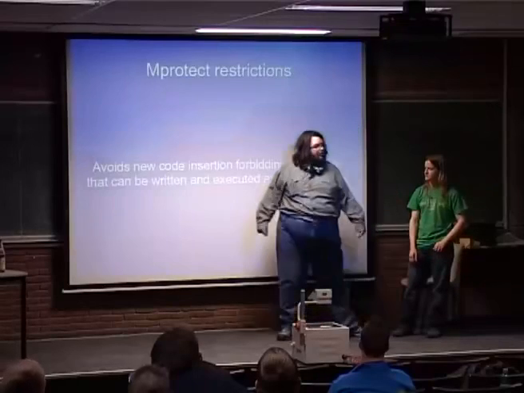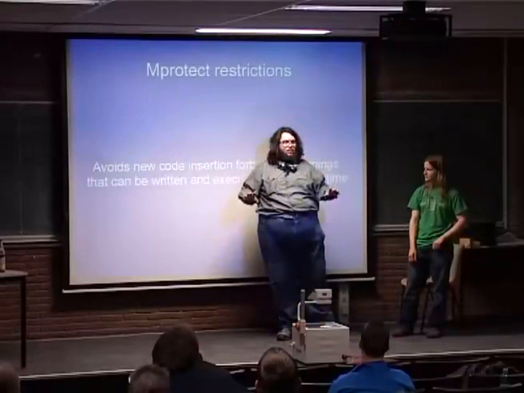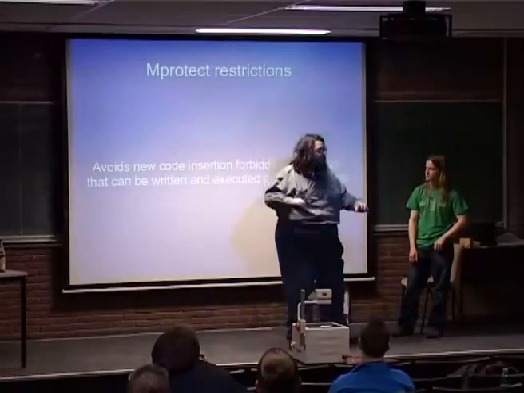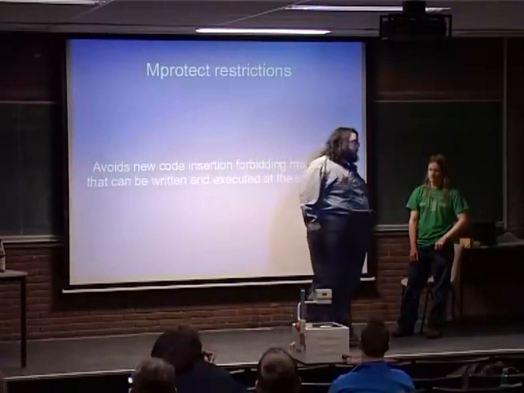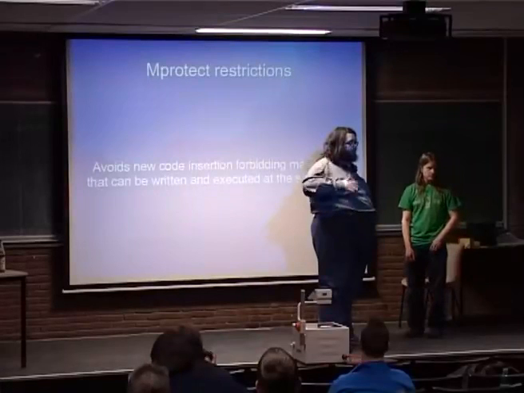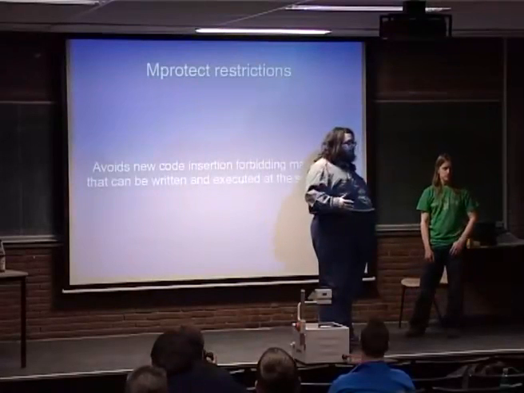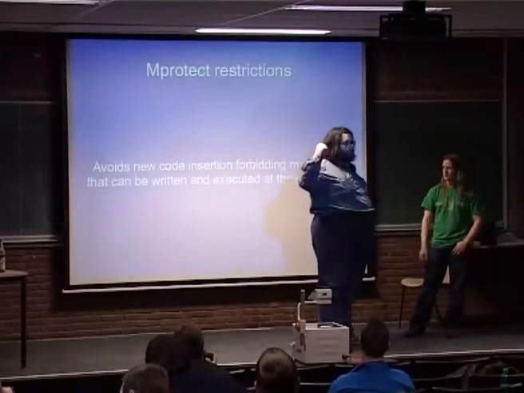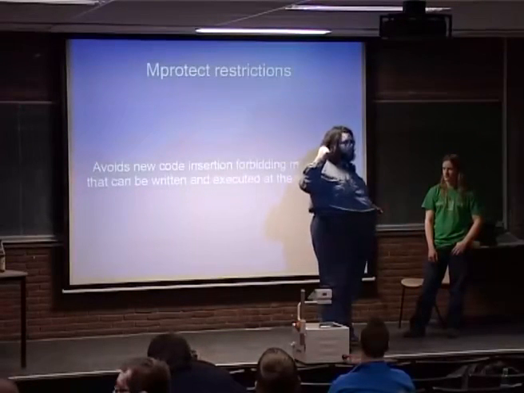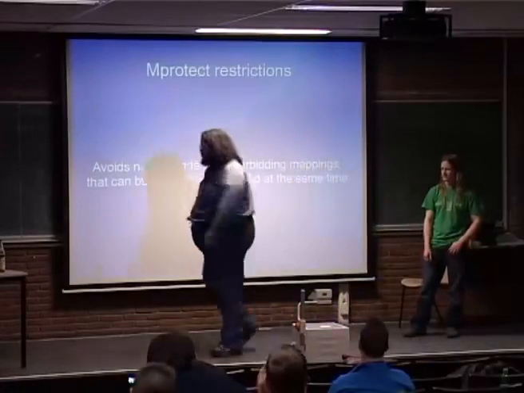Yeah, this has a lot of problems, and I'm sure somebody is going to tell me, what happens with JIT? We need to write and then execute data. Well, yeah, we know it, and you can disable this on a per-binary basis. For example, on Firefox, you can disable mprotect restrictions if you know you are going to need write and execute permissions at the same time.